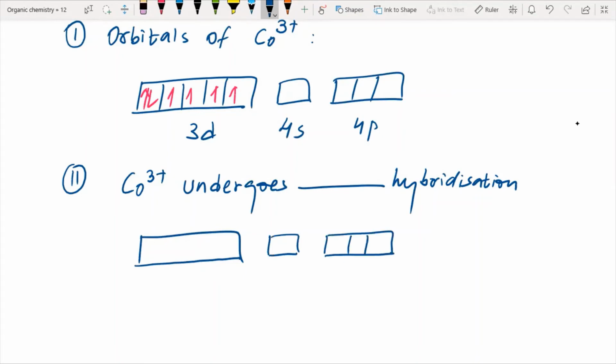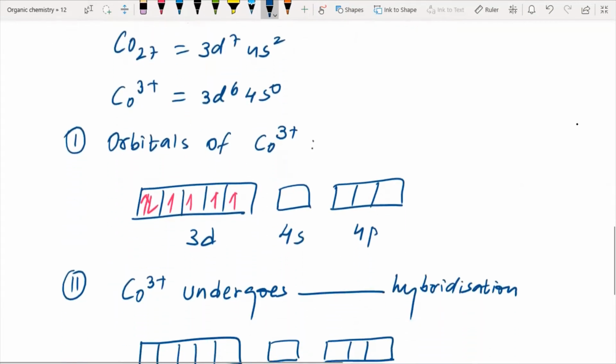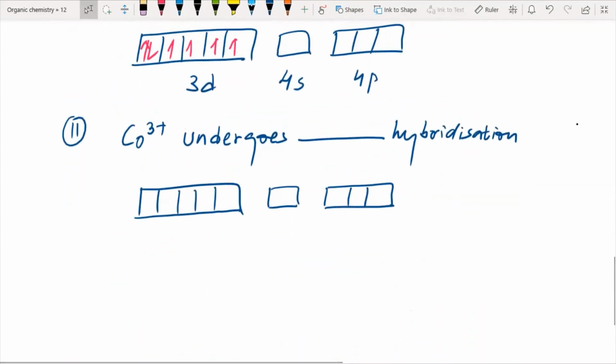As you know, fluoro is a weak field ligand, and because of that, the electrons in the d orbital remain as they are. This is the 3d orbital, here we have 4s, and these are 4p.